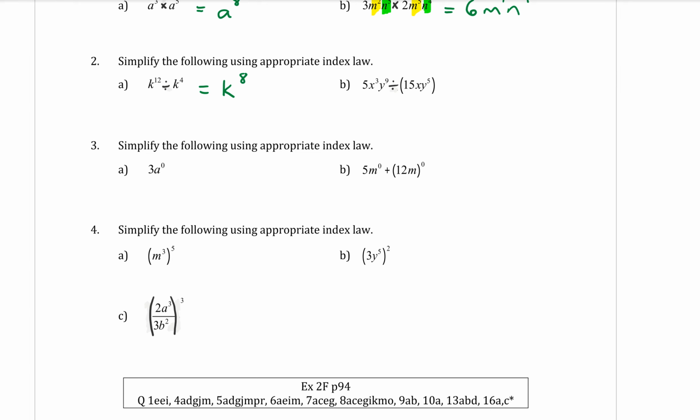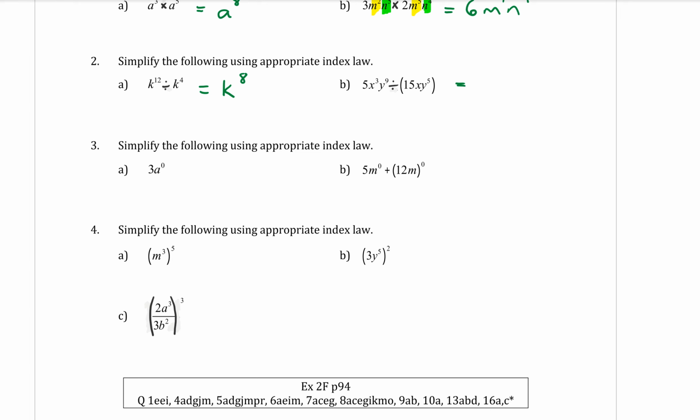In the second one, we have numbers involved, and unfortunately you can't divide 5 by 15. It doesn't go very nicely. 15 divides by 5, but not the other way around, right? So what you need to do is make that into a fraction and do the cancelling method.